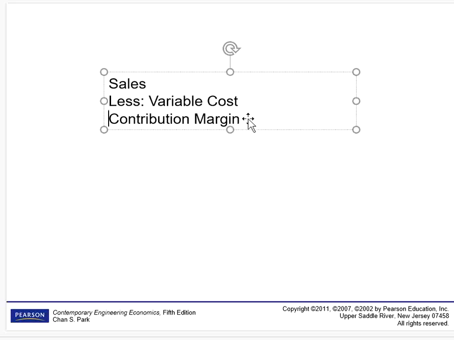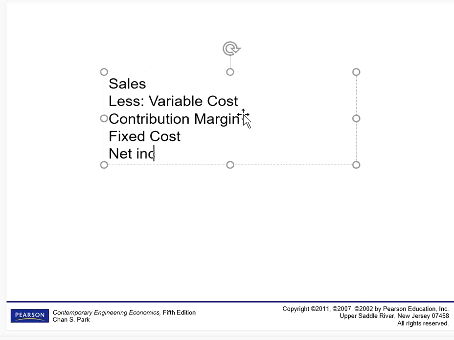Then after this one, we'll have our fixed cost, and then contribution margin minus fixed cost. You get our net income or profit, whatever you say.